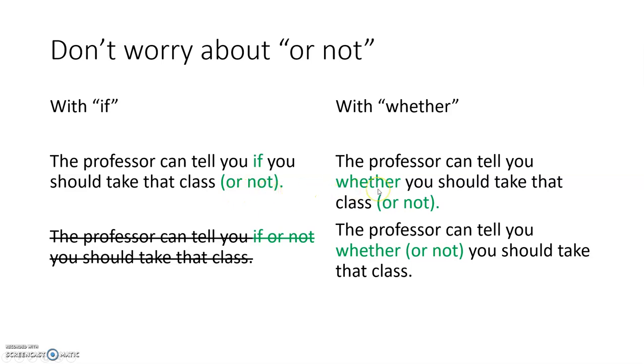You can do the same thing with whether. The professor can tell you whether you should take that class or not. It's totally optional to use or not. The only weird thing that's different is you cannot put if or not together. So this does not exist, but we can put whether or not together. I would say just keep your life simple and don't even use or not at all. It's not necessary.